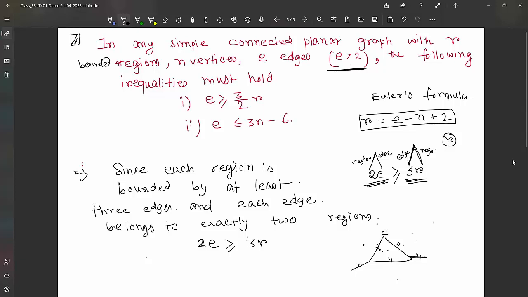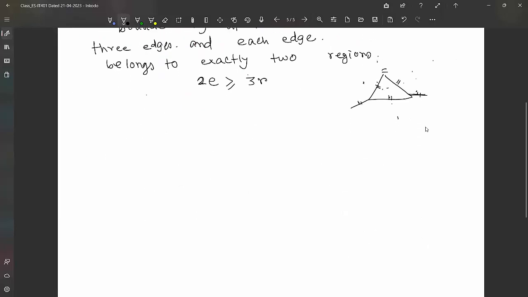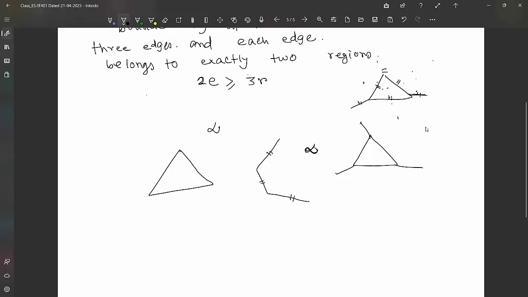because if it is not a null graph, e is greater than 2, that means e starts from 3. So your graph is either that or that, or more than this type of graph. To find the infinite region, the outer region, there are always at least 3 edges.